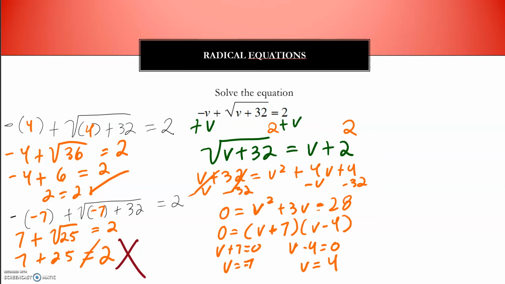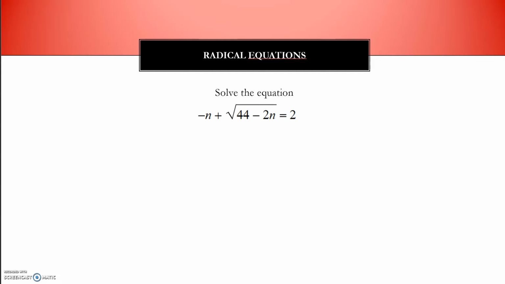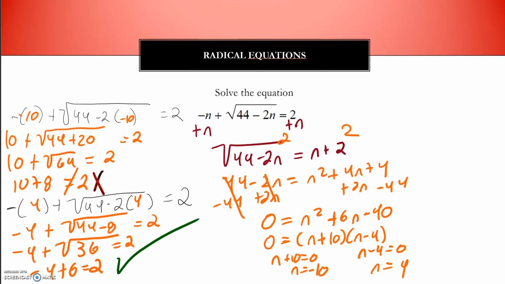All right? You try the last one. And this one, we once again have one extraneous and one valid answer. So I added n to each side, squared both sides.